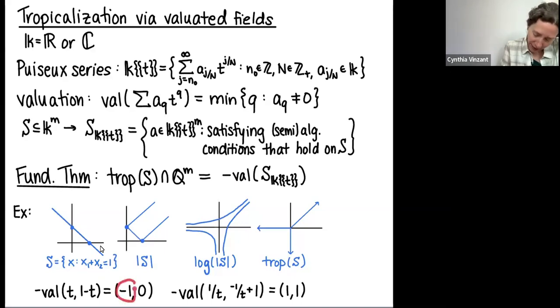And if we take the image under coordinate-wise negative valuation, we get -1 for the valuation of t and 0 for the valuation of 1 minus t. And then similarly, you can realize this ray as the coordinate-wise negative valuation of 1 over t and -1 over t plus 1. You can imagine as t goes to 0, these are both growing really large and growing at the same rate.